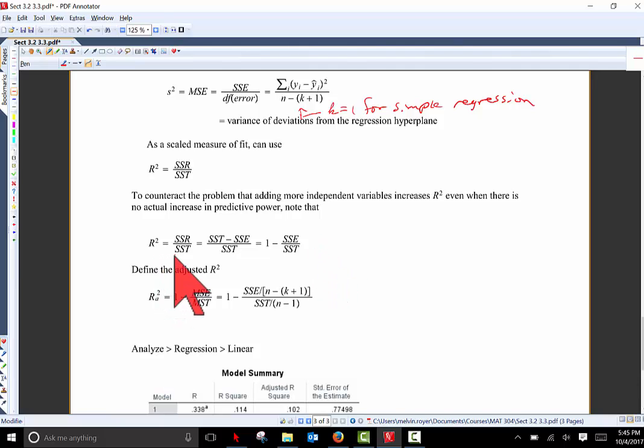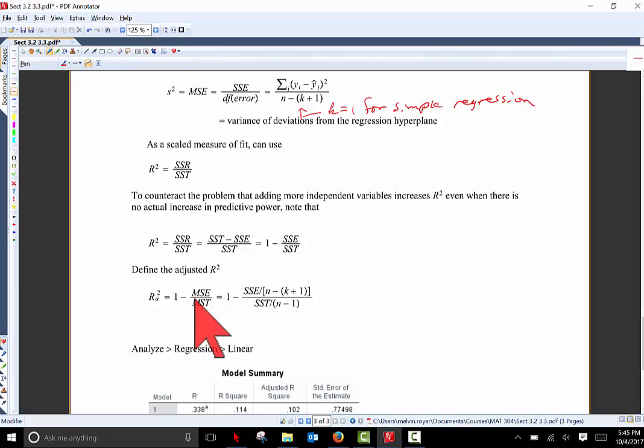If we rewrite R squared, remember SST equals SSR plus SSE, so just unpacking that, and then writing this as 1 minus something. This tells us that R squared is less than or equal to 1, but more importantly, it gives me a place to start from here. So the adjusted R squared is, instead of taking 1 minus SSE over SST, it's 1 minus MSE over MST.